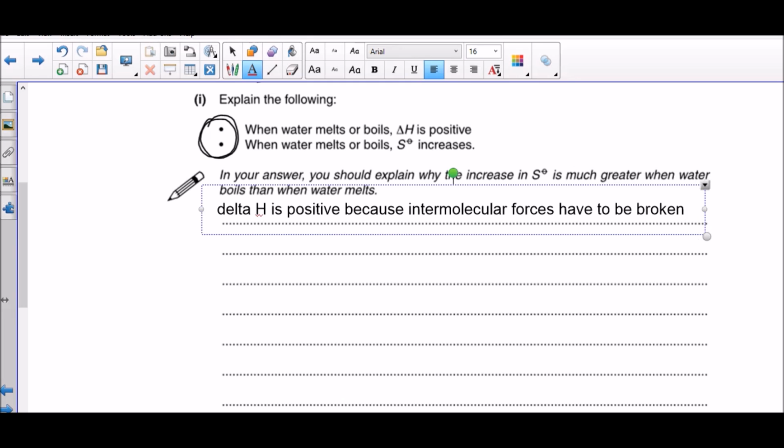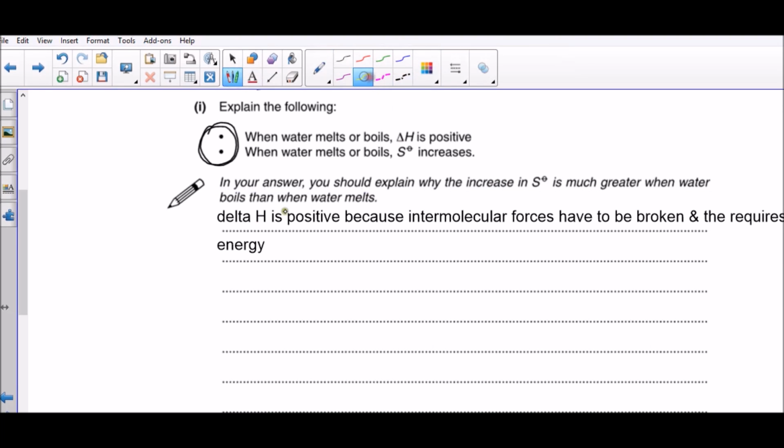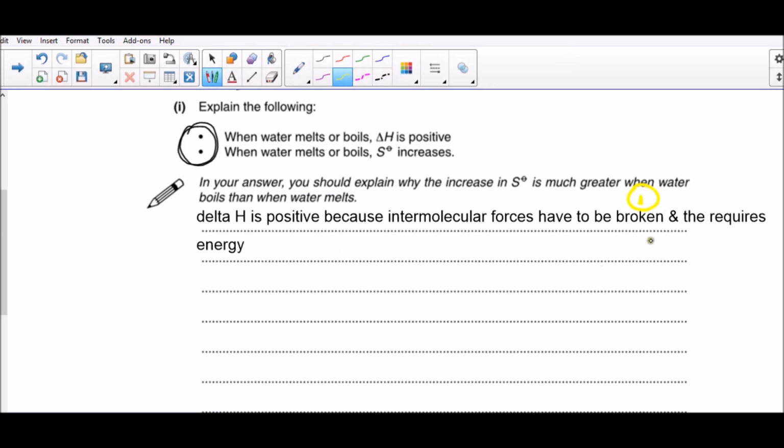I might go one step further and say this requires energy, just in case. So we get the mark here for saying that intermolecular forces have to be broken. This is kind of belt and braces, that we're saying it requires energy to break those forces.